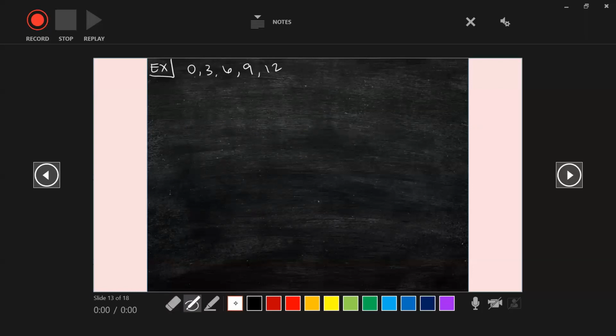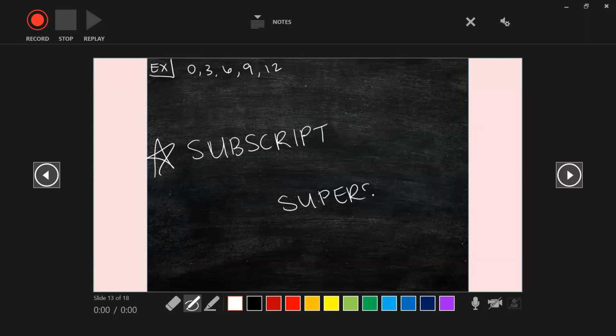Now, if you want to write something at the top of your page, this will probably be helpful. Do we know the difference between subscript and superscript? Any ideas?